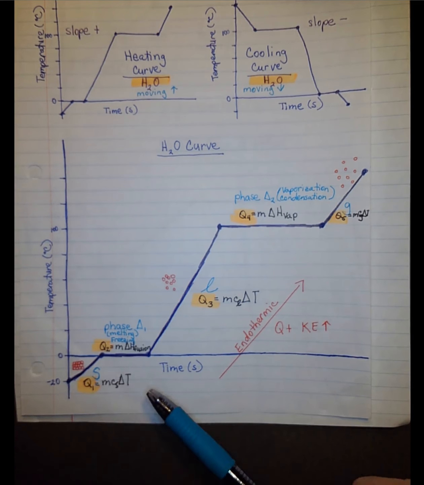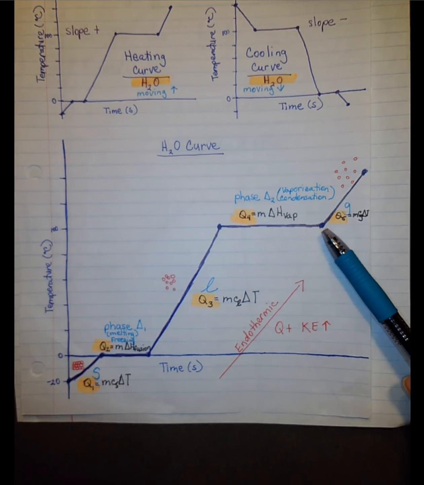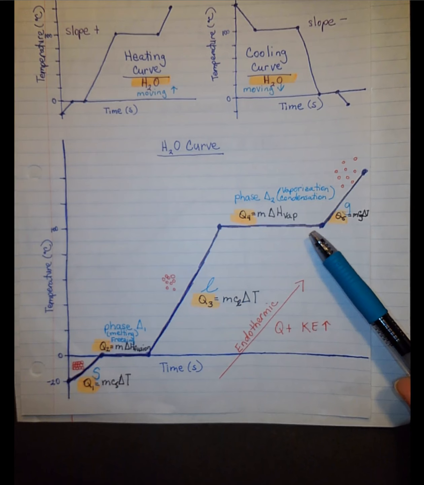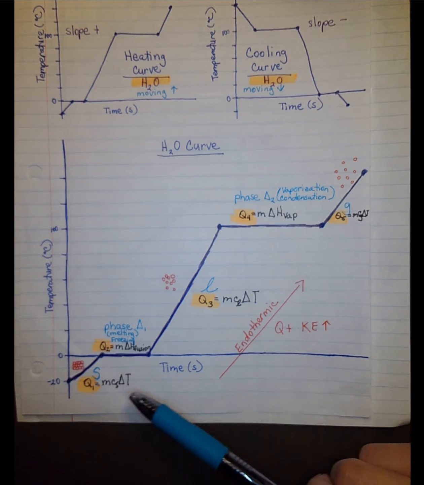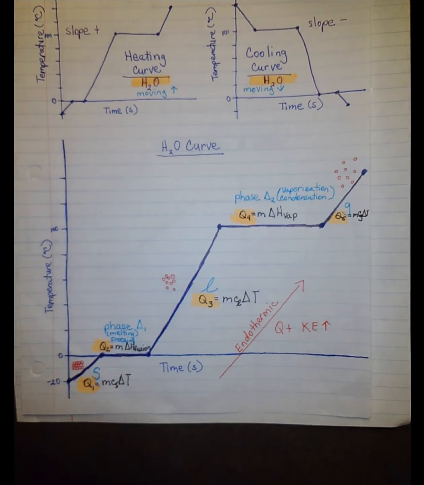Now also, because you are in a heating curve gaining energy, the molecules are spreading out, they're moving faster, the temperature, notice, is increasing. Because the temperature is increasing, you've got kinetic energy that is also increasing each time.